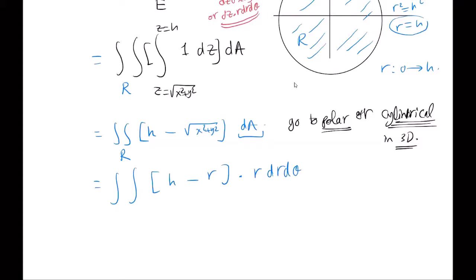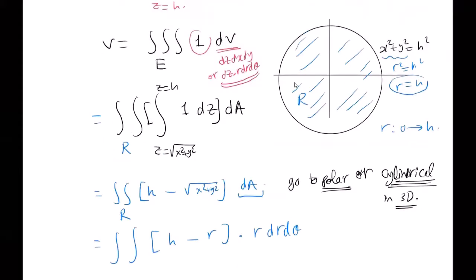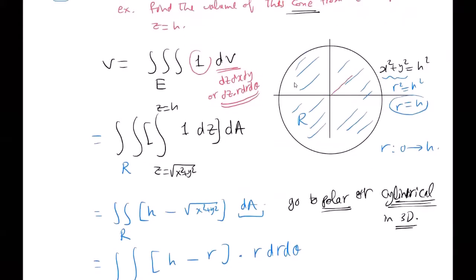What is r? Yes, you need to read this region. This is the polar. R from 0 to h. Yes, not h. This is the r. Here we are now in this region. We are in the region of the disk. We need to scan this disk. So what to do?